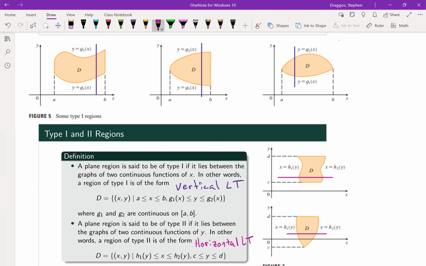Our strategy for integrating these two types of regions will end up being a little bit different. Also worth noting, just because a region is type 1 does not mean it cannot be type 2. For example, let's put stars by the regions that are both.